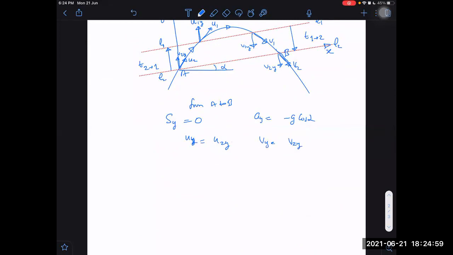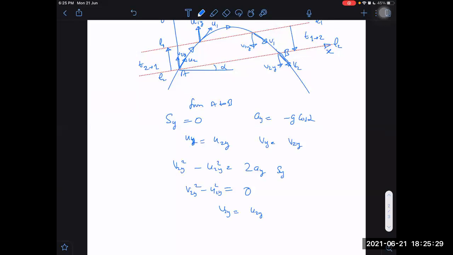How to prove? I can prove by applying the formula v2y square minus u2y square is equal to 2 into ay into sy, which is equal to 0. So v2y square minus u2y square is equal to 0, or I can say v2y is equal to u2y magnitude wise. Direction wise, nobody needs to tell me; I already know it is opposite in direction. Therefore, the answer should be minus of u2y.